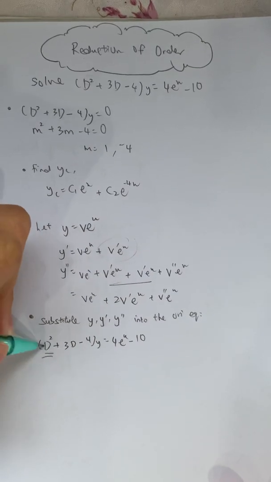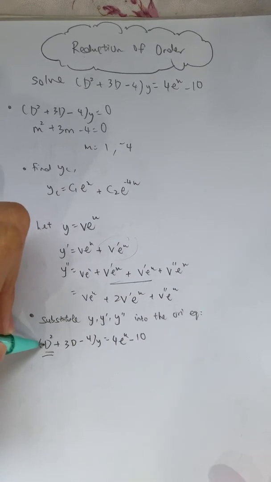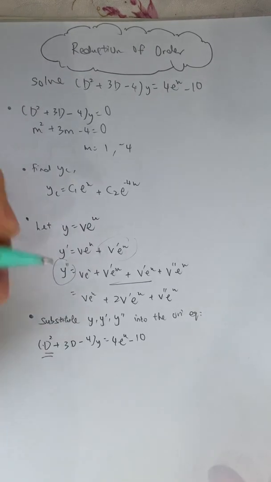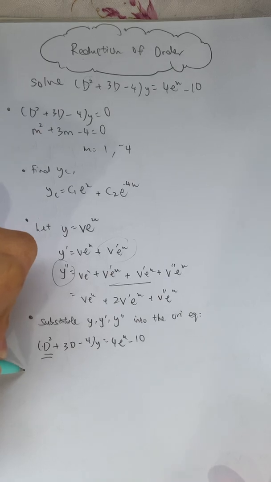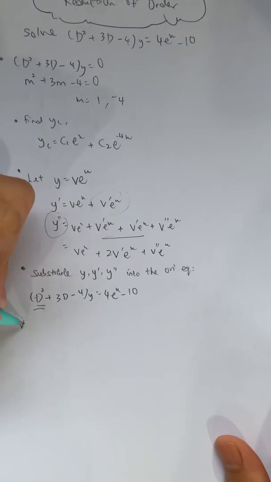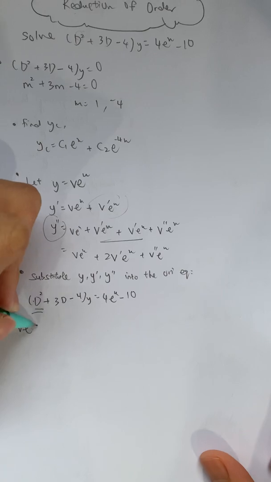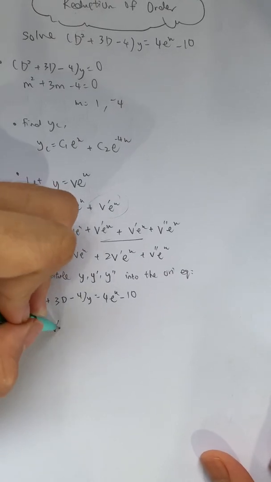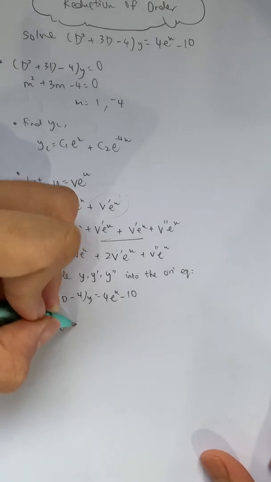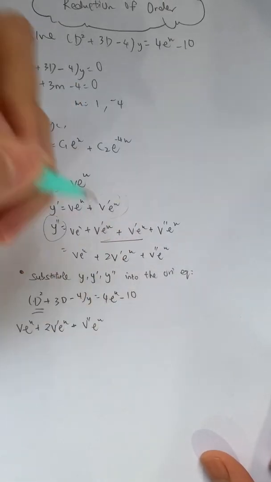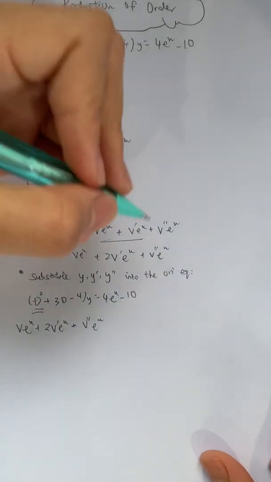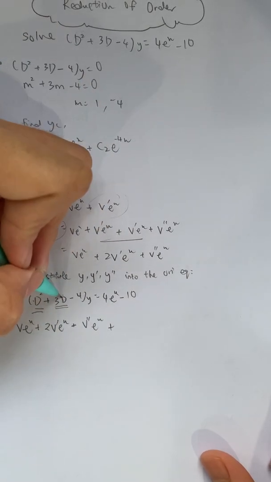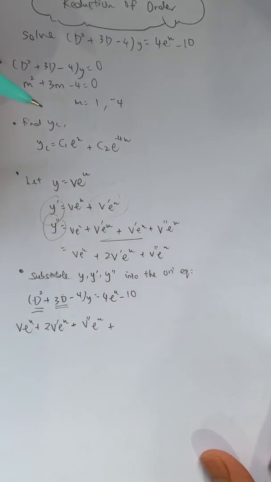From this D squared, we substitute with y double prime. So we write down, we get v exponential x plus 2v prime exponential x plus v double prime exponential x plus 3 times D, which is y prime.